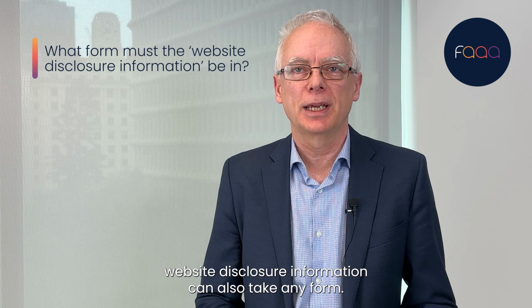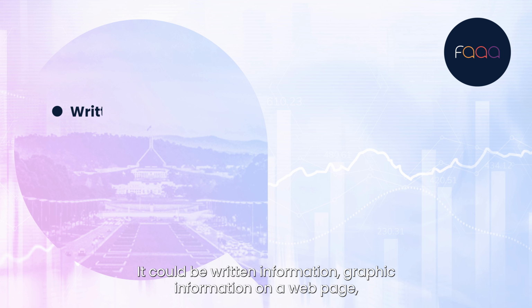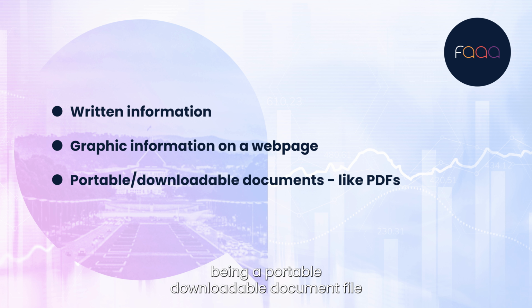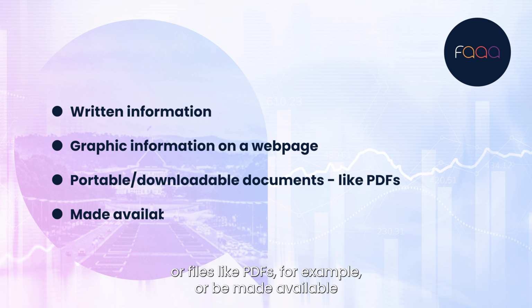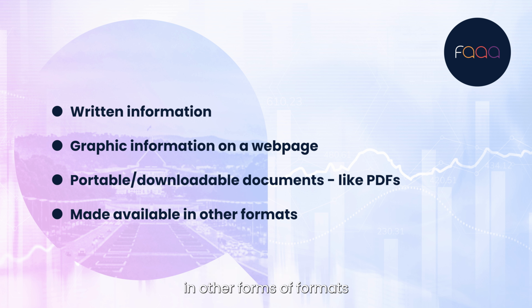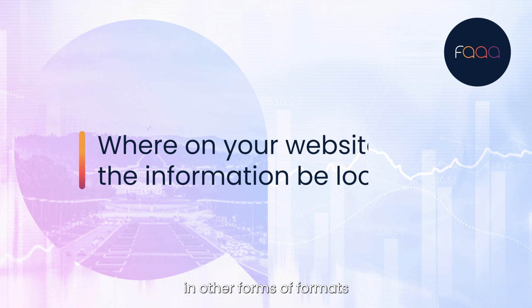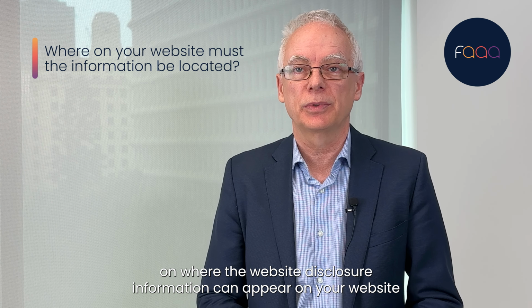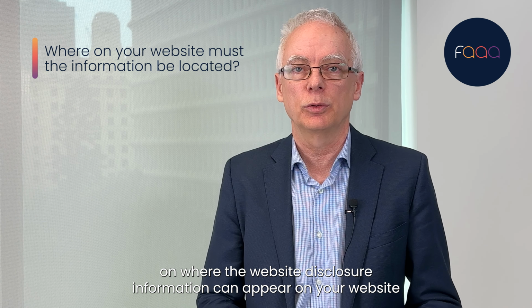Website disclosure information can also take any form. It could be written information, graphic information on a web page, be in a portable downloadable document file or files like PDFs, for example, or be made available in other forms or formats. There is flexibility on where the website disclosure information can appear on your website.